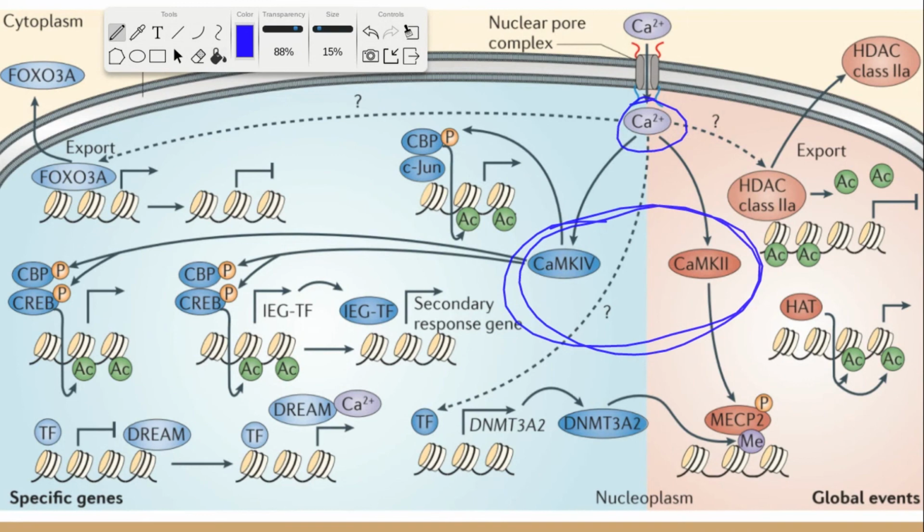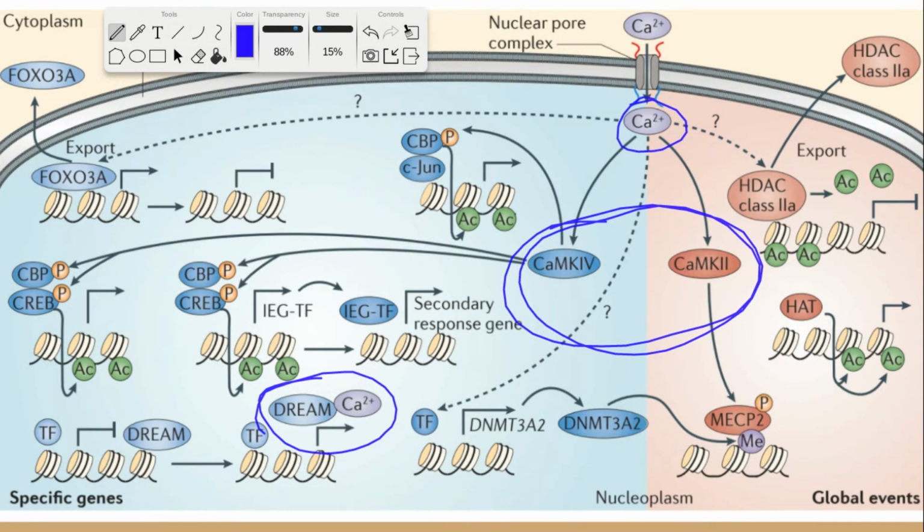Another important event is the binding of calcium directly to this protein called DREAM. DREAM stands for DRE antagonist modulator, and DREAM is simply a repressor of gene transcription, but owing to several EF hand motifs, DREAM can bind calcium. Remember, an EF hand motif is the motif that binds calcium.